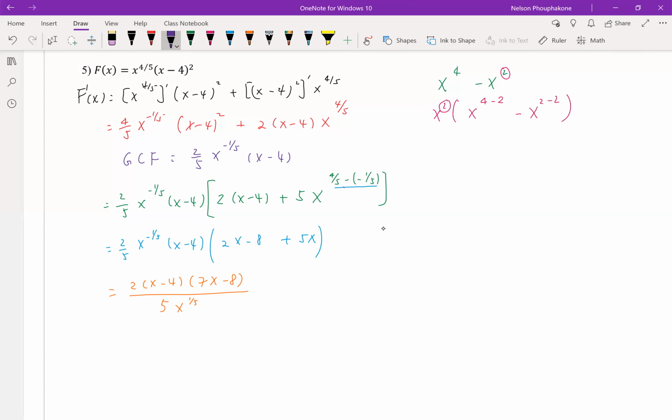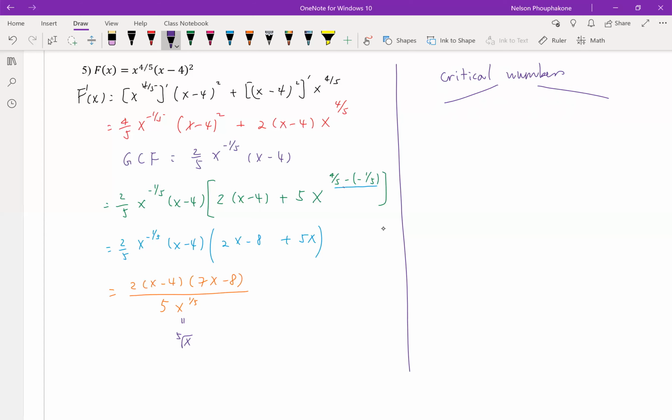Remember, this one is equal to the 5th root of x. Now let's see this one right here. Again, we have singular and stationary points.